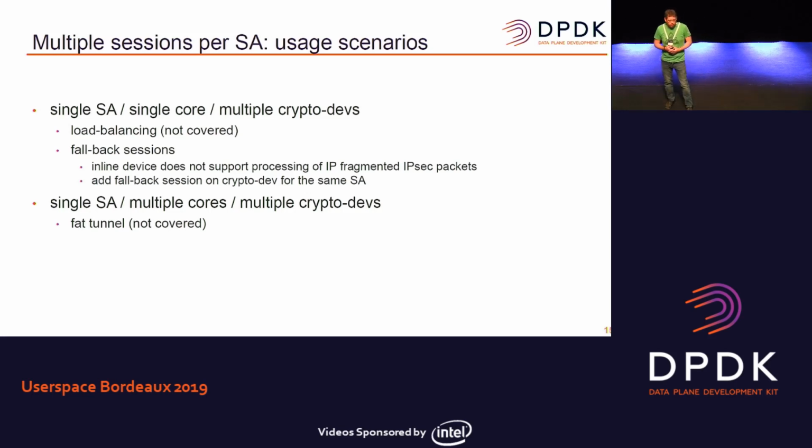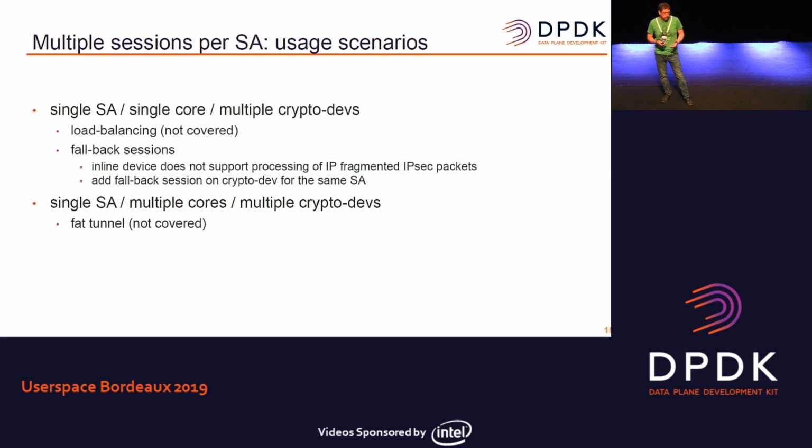For inline crypto devices, a lot of the devices cannot handle fragmentation of the inbound IPsec packets. So unless the NIC was capable of doing IP reassembly, it's not possible to do the crypto processing inline on the device because you don't have the context there.